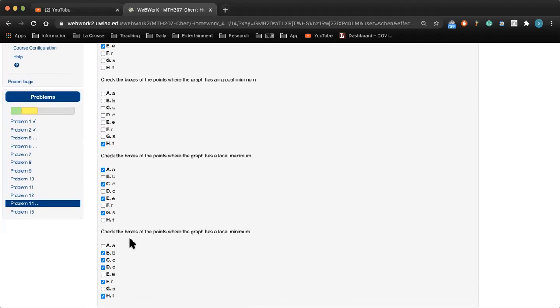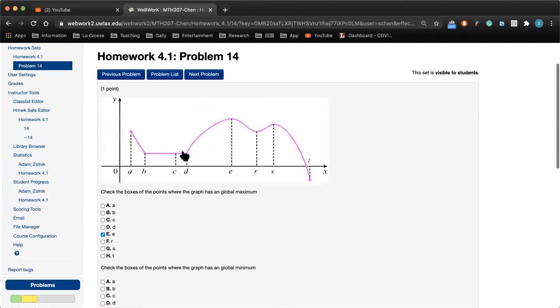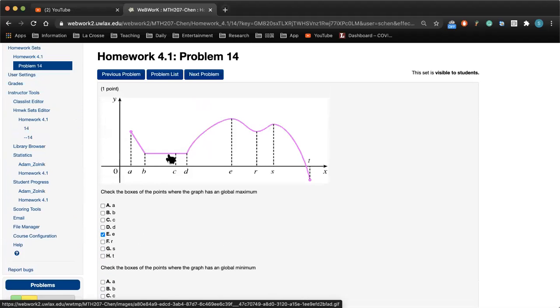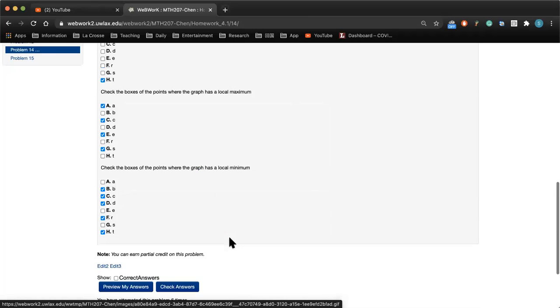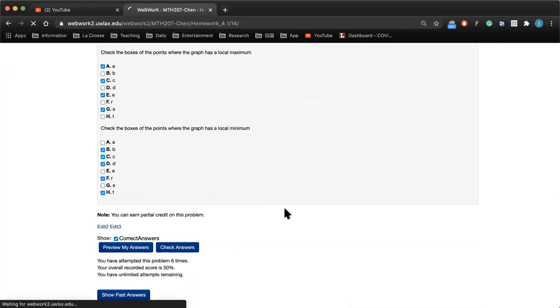Finally, check the boxes where the graph has a local minimum. Local minimum will be B, C, D, R, T. So I think everything you got is reasonable. Now let's see how WebWork wants it.